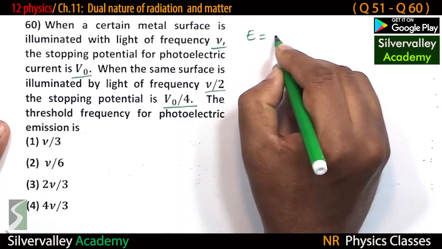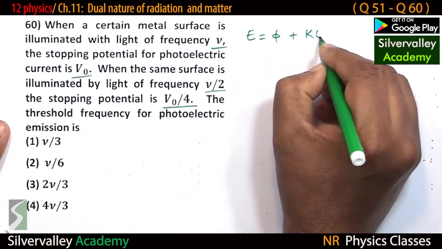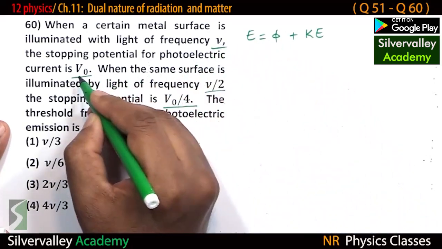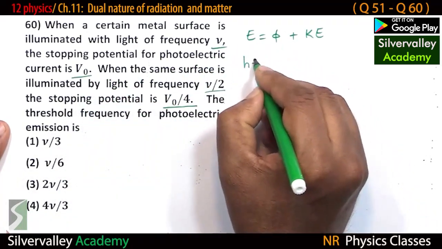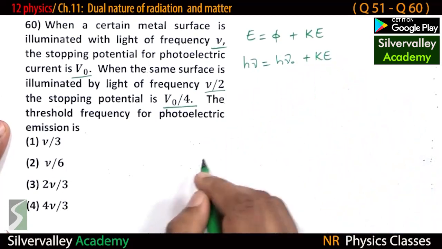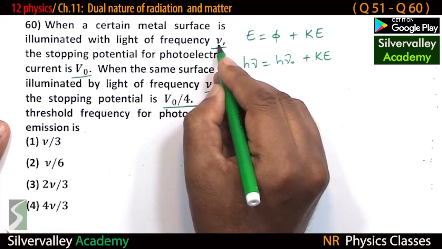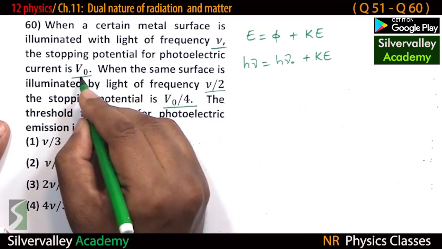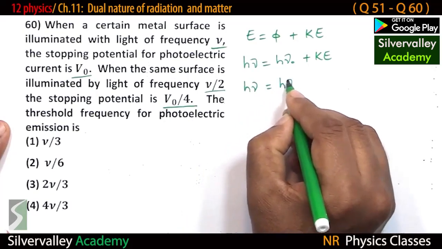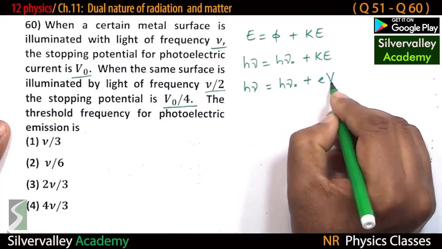E equals phi plus kinetic energy. Now let us write this in terms of frequencies: h nu naught plus kinetic energy. For frequency nu, stopping potential V0, so h nu equals h nu naught plus e V0.